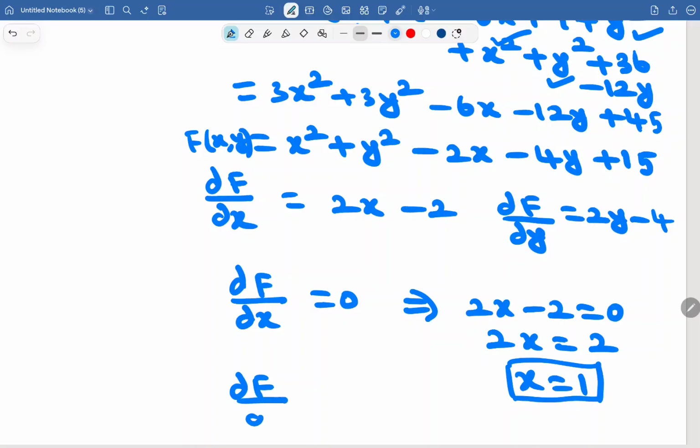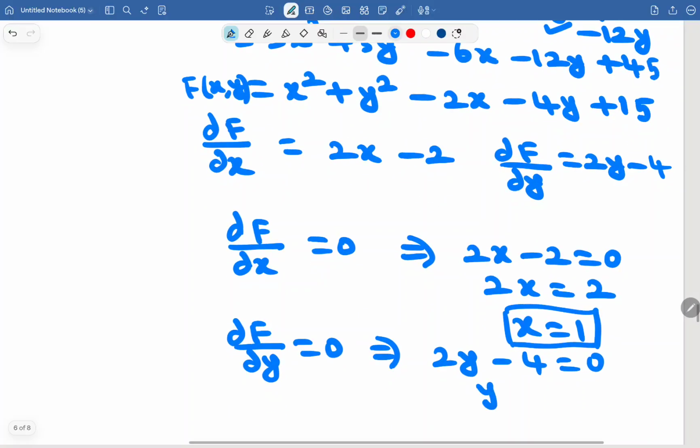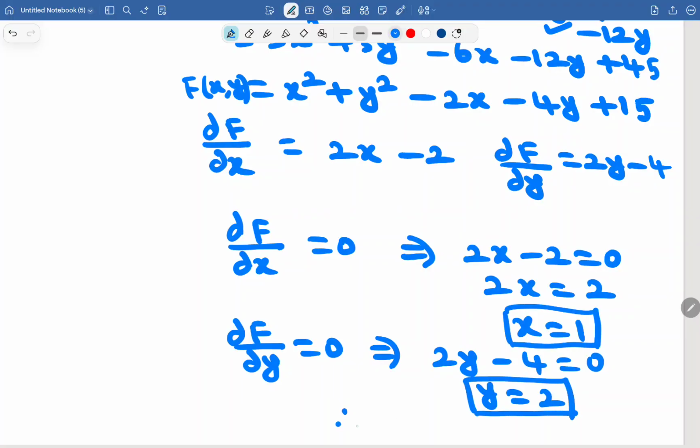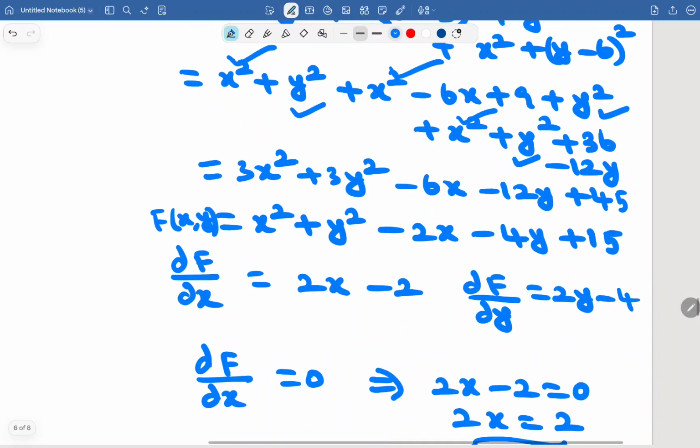Similarly, dou f by dou y equal to 0, 2y minus 4 equal to 0, y equal to 2. Therefore, the point is 1, 2. Substitute 1, 2 in star to get the minimum value.